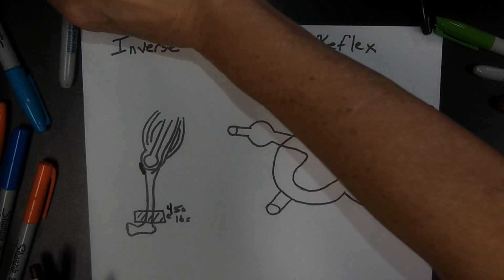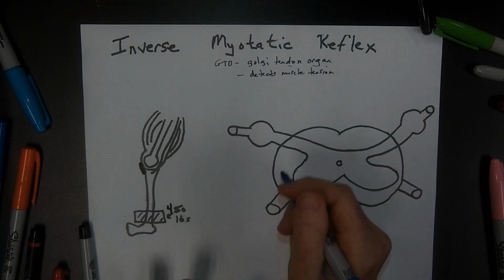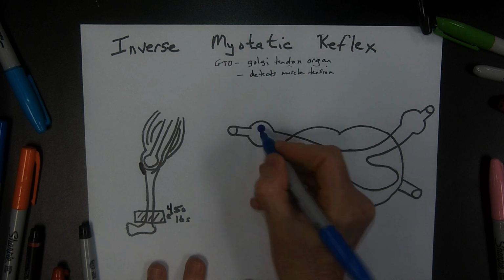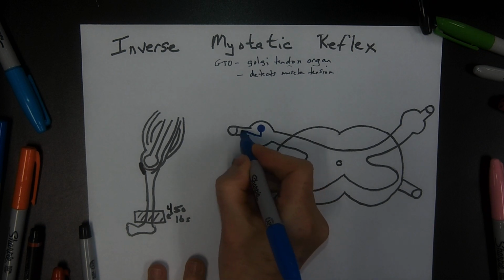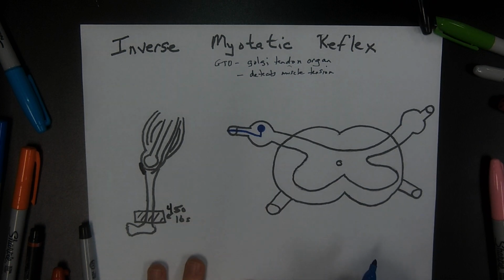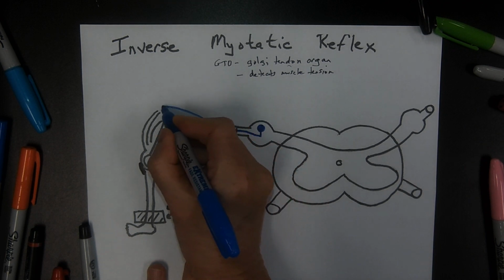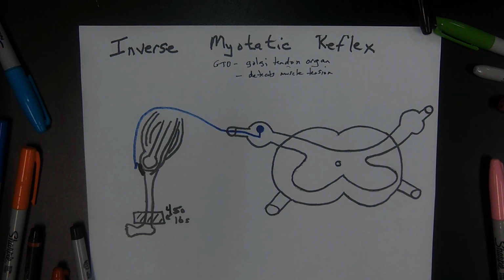Here's your dorsal root ganglia, and in the dorsal root ganglia resides your neuronal cell body. A little bit of the stalk coming out here. The dendrites are going through the dorsal root, and these dendrites are going to be hooked up with the GTO, your Golgi tendon organ.